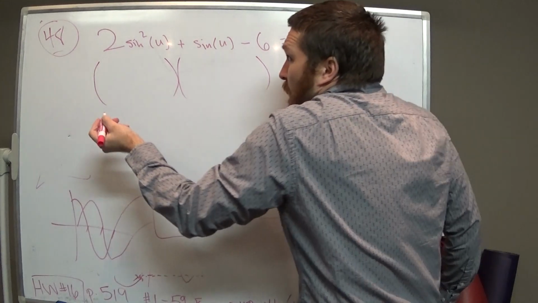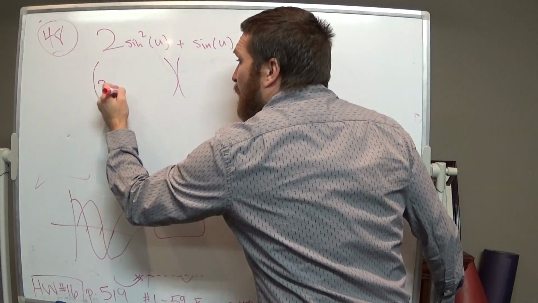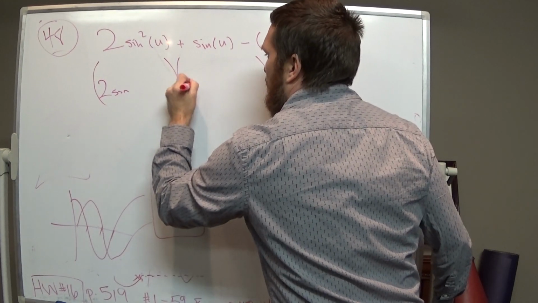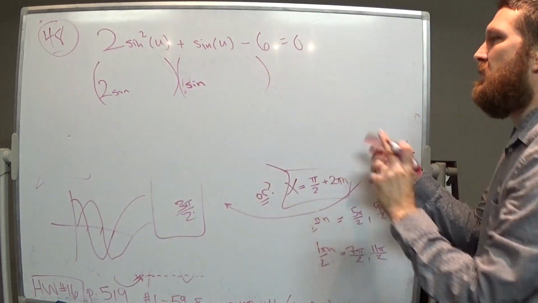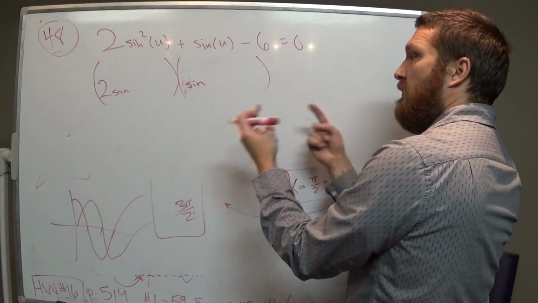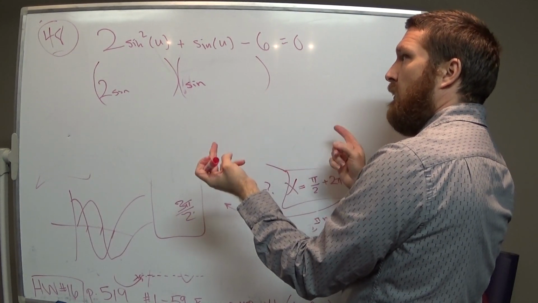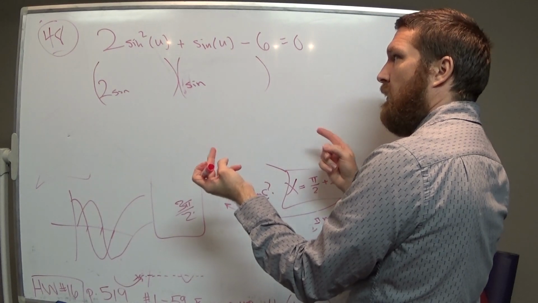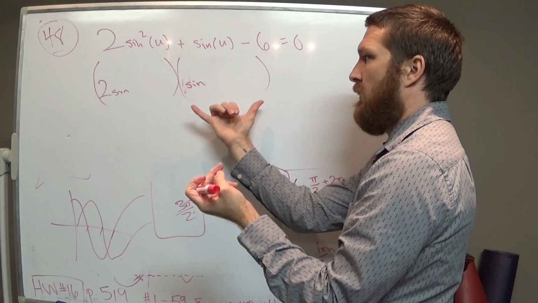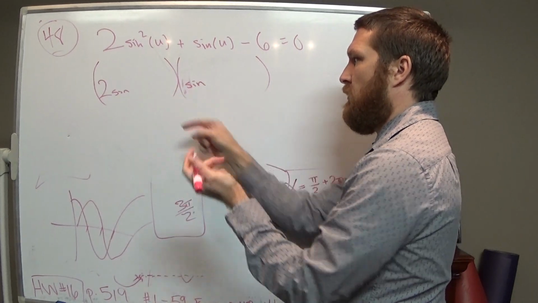I don't know. But if we can, it'll look like this: 2 sine and 1 sine. Now, 1 and 6, 3 and 2. Where do I want the 3 and where do I want the 2? Oh wait, 3 on the right, I think.